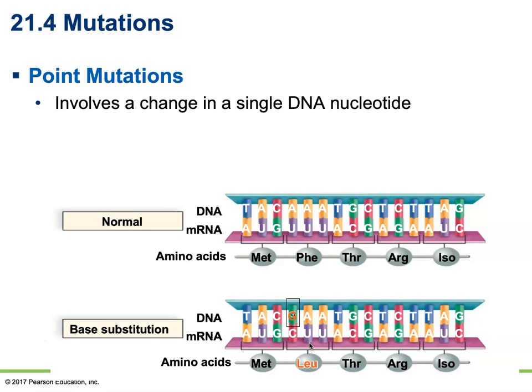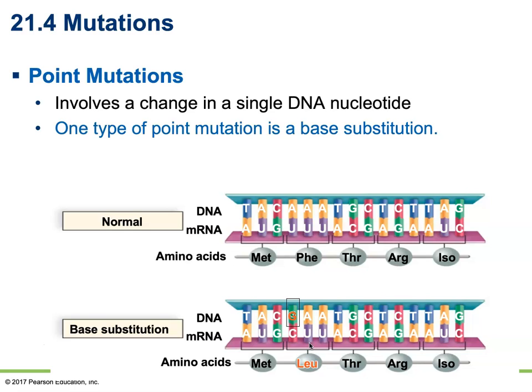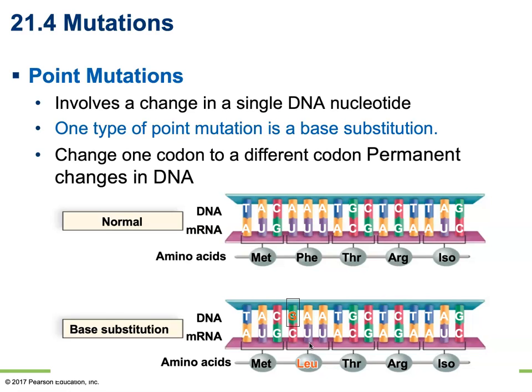Now, a point mutation involves a change to a single DNA nucleotide. So one type of point mutation would be a base substitution. We're just changing one codon that's going to have a different permanent change to its DNA. It's a point mutation because it involves changing a single DNA nucleotide, and that change is going to alter the transcription and can potentially change the sequence of the amino acids produced by translation.